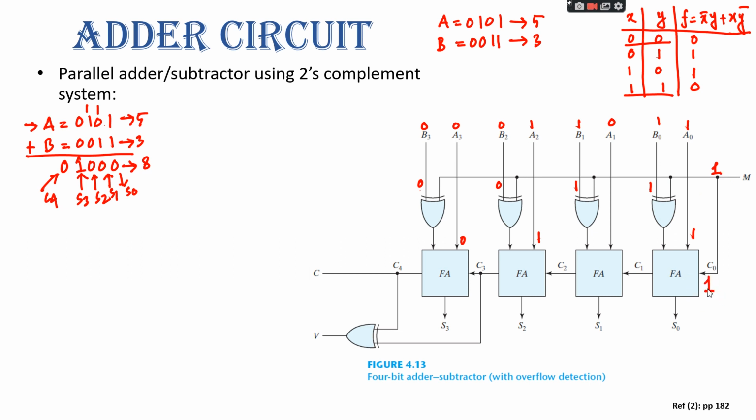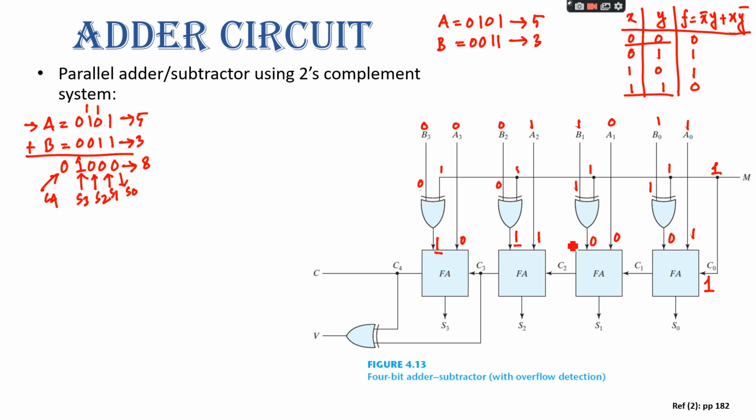So this 1 will come as the input carry for the first adder, and since this is 1, all the exclusive OR gate inputs would be 1, and this 0 will come as it is. So this is my A. Now what will happen to B? 0 plus 1 gives you 1, 0 plus 1 gives you 1, 1 plus 1 gives you 0, 1 plus 1 gives you 0.